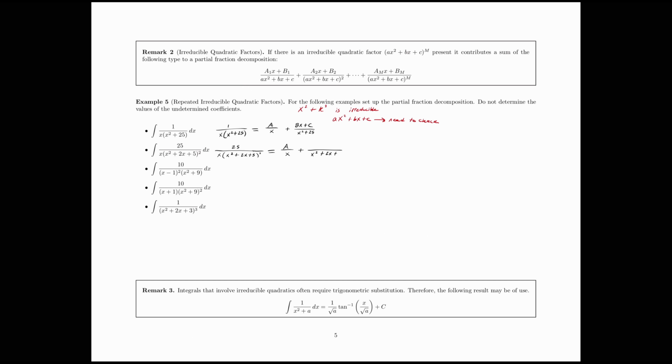We start with the factor itself, but then we keep adding terms until we make it to that power. In this case, it's repeated 2 times. The multiplicity is 2. So we'd keep going until we get raised to the second power. Here we'd have bx plus c, and here we would have dx plus e.